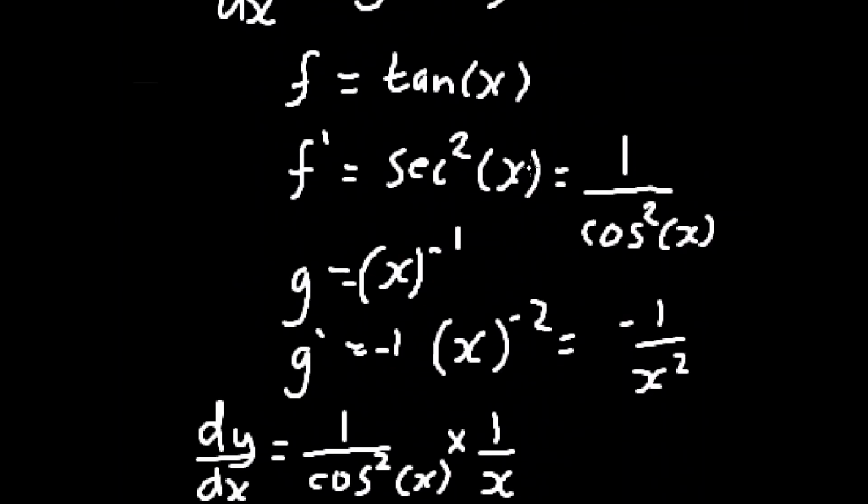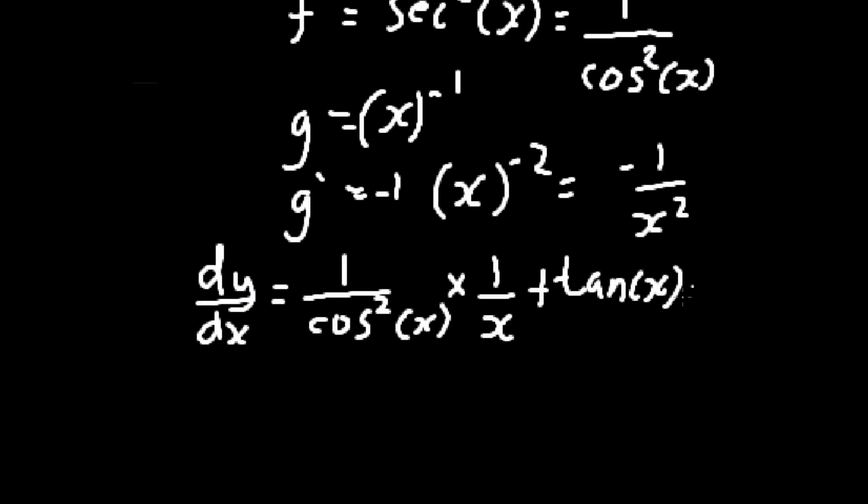Okay, so then we say plus, and now it's just a regular f, so that's just tan x, which is nice. And now we have to multiply it by the differential of g, which is this -1 over x squared. And now we can just leave it like that.